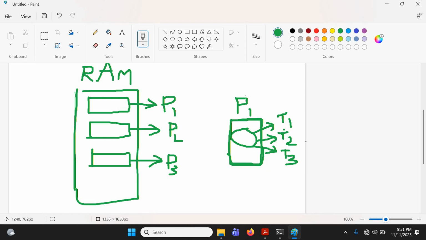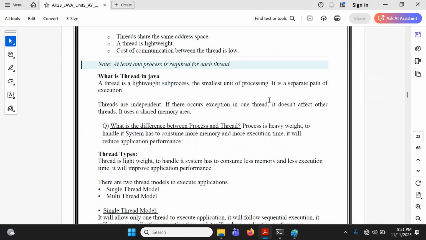That means threads are dependent on a process, but processes are not dependent on threads. At least one process is required for each thread, because a thread doesn't exist without any process.